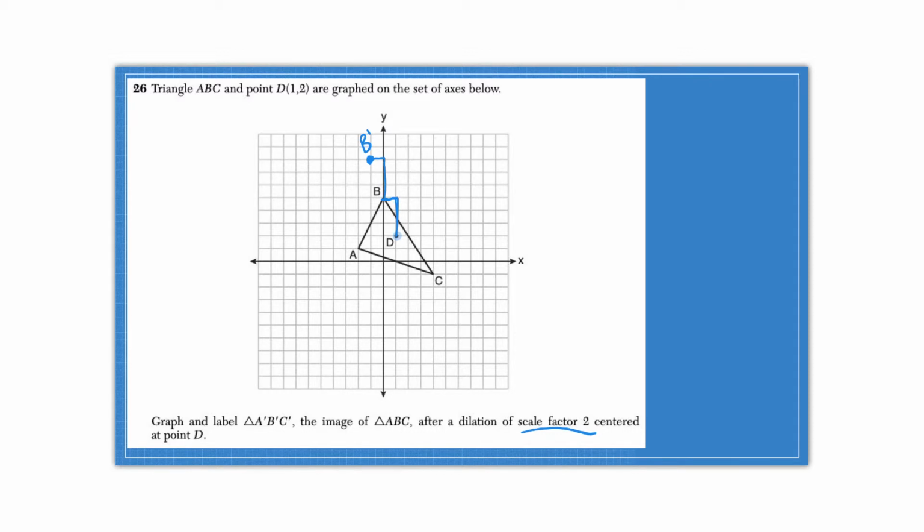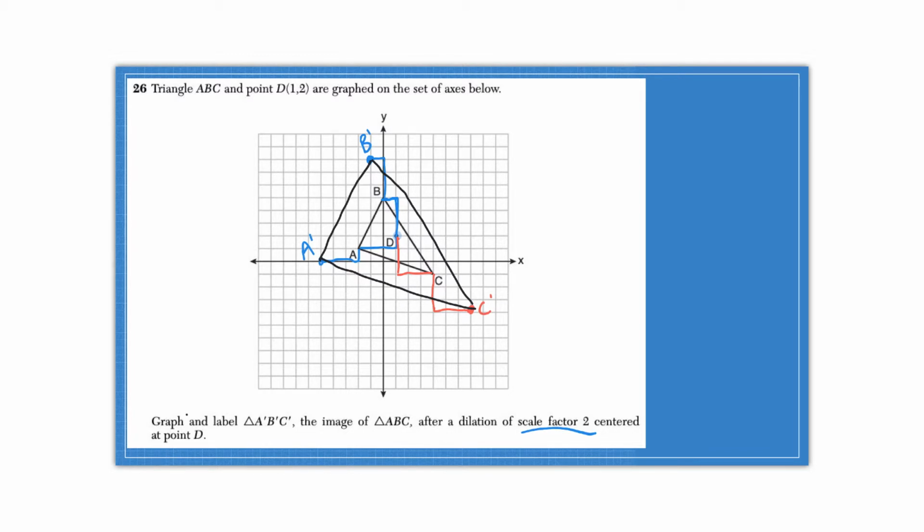And that gives us B prime. Same thing for A, which is down 1 from D and left 3. We do that a second time, down 1 and left 3, and that's A prime. And last, from D, C is 3 down and 3 right. We do that a second time, and that tells us where C prime is. Then we take our straight edge and connect these 3 points, and we're done.